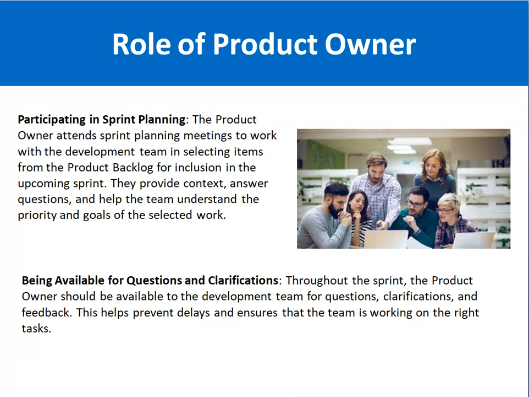So that means whenever the team needs any clarification, or they have any questions, throughout the sprint the product owner should be available to the development team for questions, clarifications and feedback. This helps prevent delays and ensures that the team is working on the right task as well.